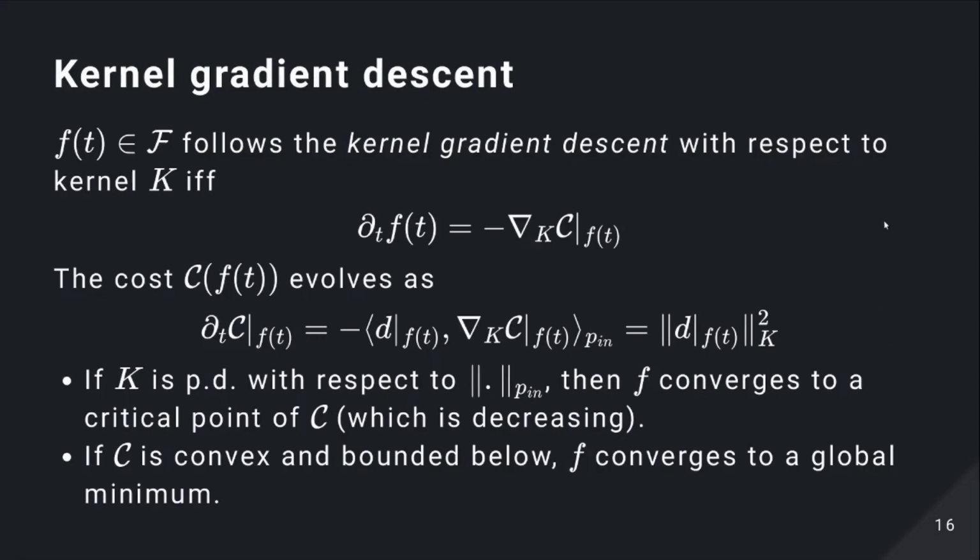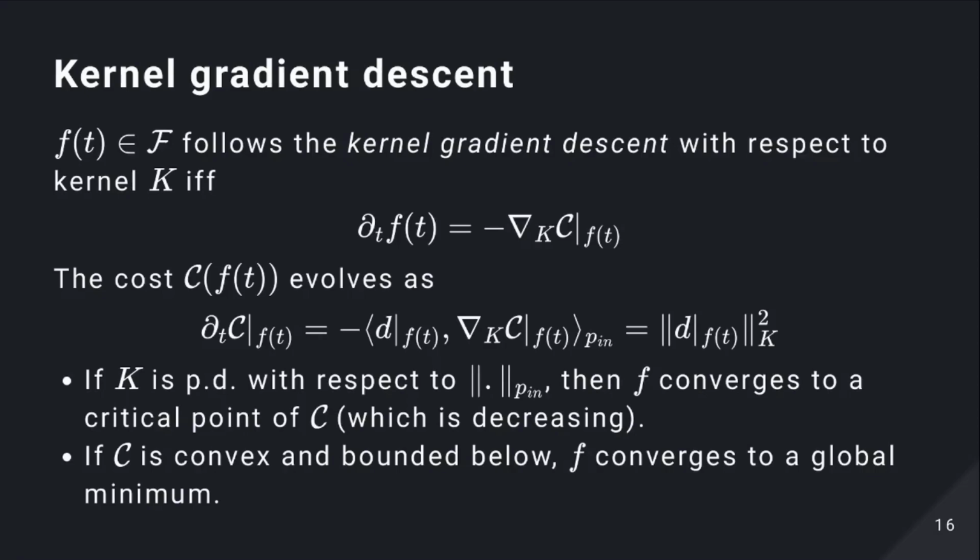Okay, so now we can talk about what happens when training a neural network using gradient descent. We'll say that f of t follows the kernel gradient descent with respect to the kernel k if it follows this ODE. Note that the reason we're taking an ODE here is that it's the infinitesimal step size, or learning rate, limit of gradient descent.